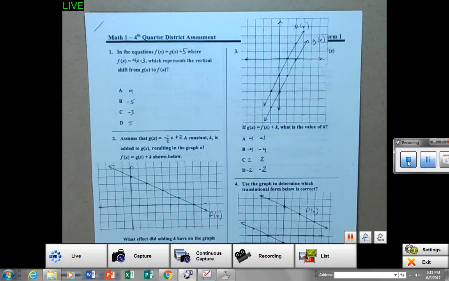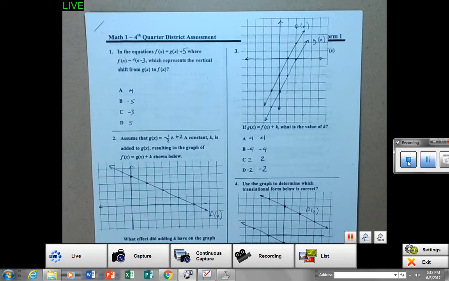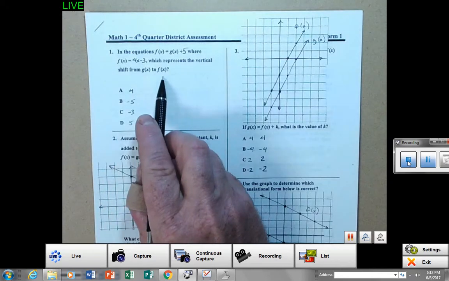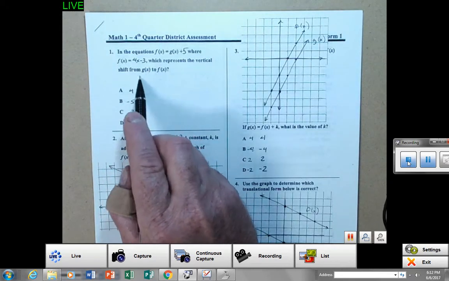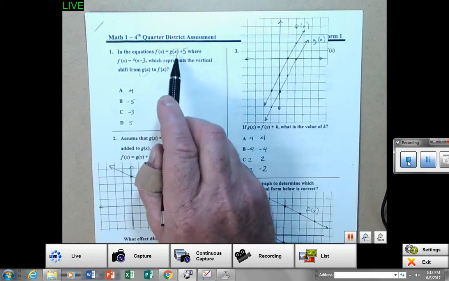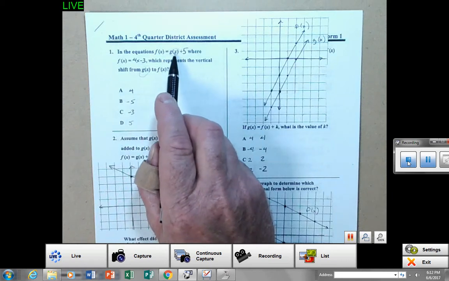First problem. It says in the equations f of x equals g of x plus 5, where f of x equals 4x minus 3, which represents the vertical shift from g of x to the new line f of x. Remember, this g of x is the original equation, always in this form. This is where the original equation is going to go.